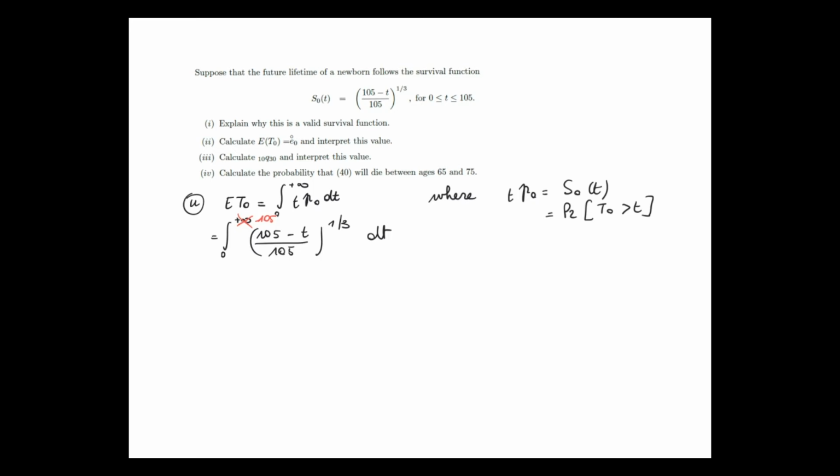So what do I get if I start working with this? This is the integral from 0 to 105 of (1 minus t divided by 105) to the power 1 over 3 dt.